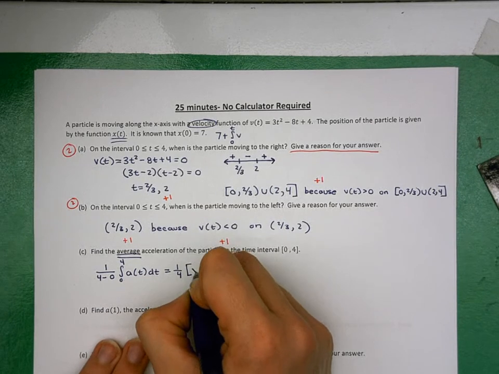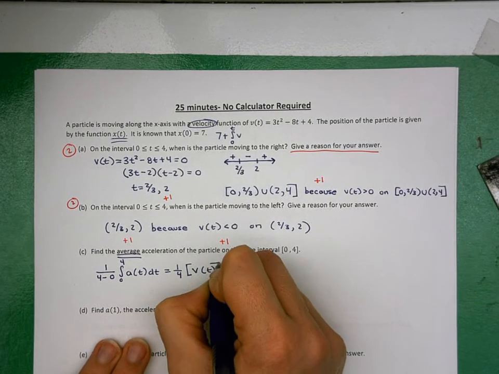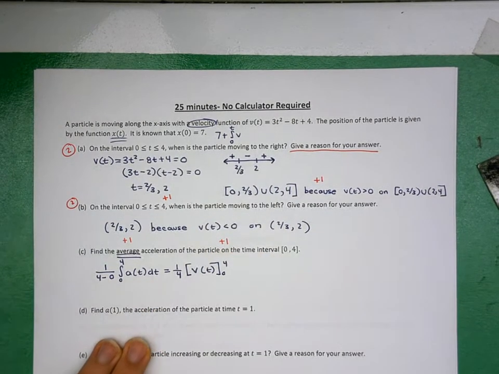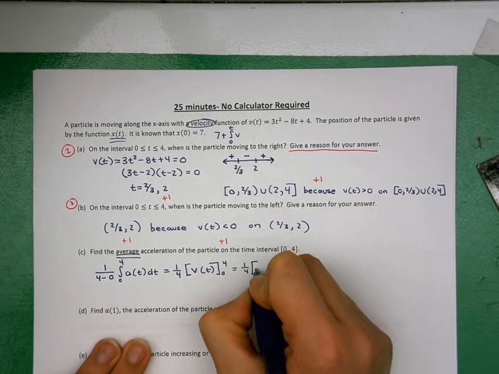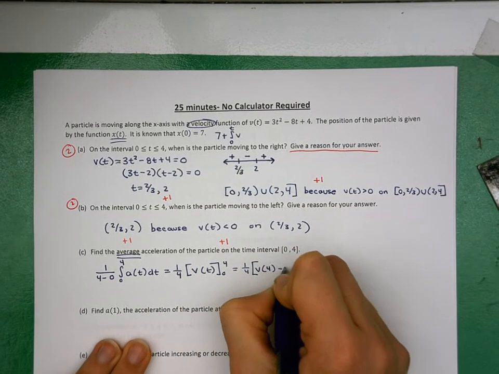Well, the integral of acceleration is velocity. And then plugging in the upper, we have v of 4 minus plugging in the lower.